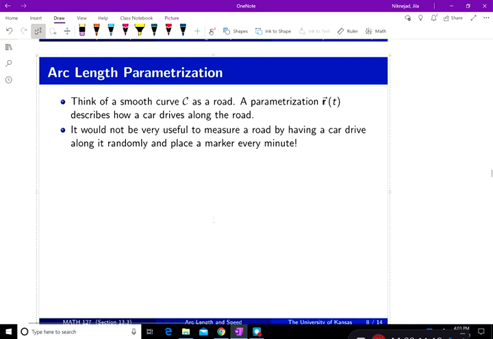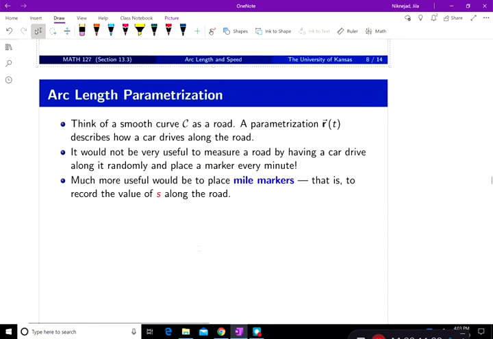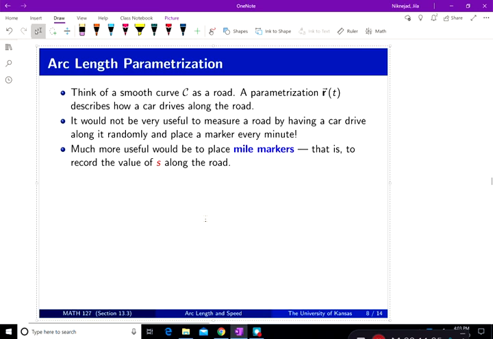If you're trying to put markers on the road, you don't just place a marker every minute or every 10 minutes. If you have driven on any highway, you see the markers are mile markers, right? The efficient, or intrinsic, way of doing things is to put mile markers on the road.